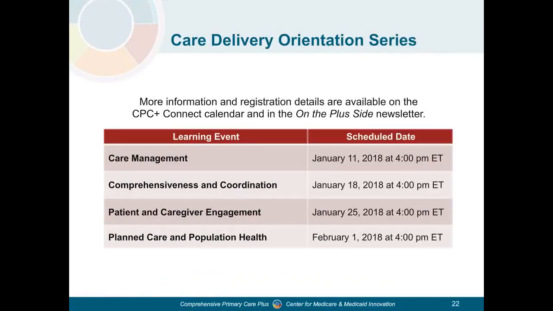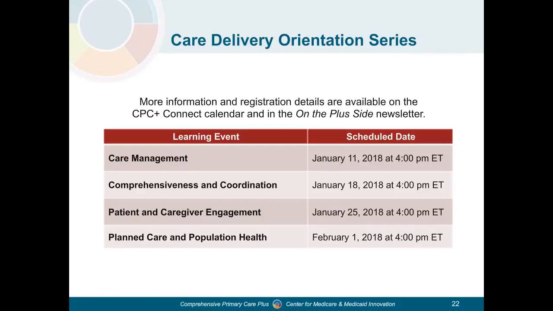So with that, we're going to transition really quickly to wrapping this up. As I mentioned, this is the first of a 5-part webinar series. We'll have one every Thursday from now on until February 1st. The next one, next week's, is care management.